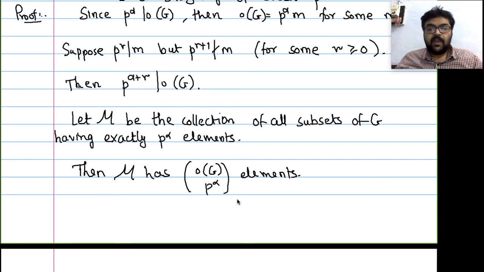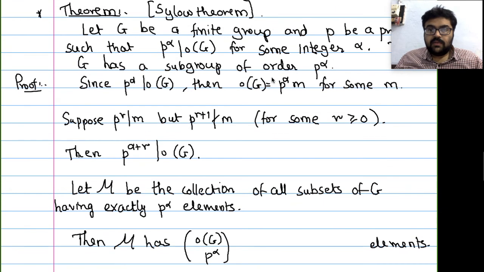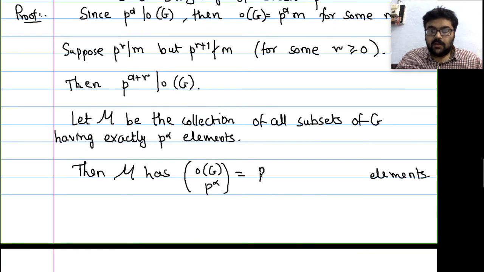Order of G. And we are taking subsets. We are forming all subsets having exactly p power alpha elements. So what is this? Order of G, here we have fixed, is p power alpha m. So this is p power alpha m choose p power alpha.